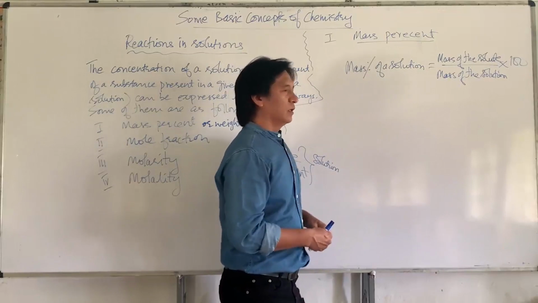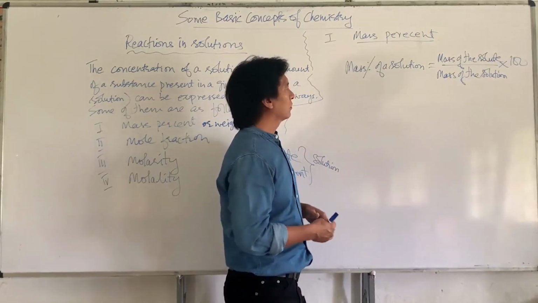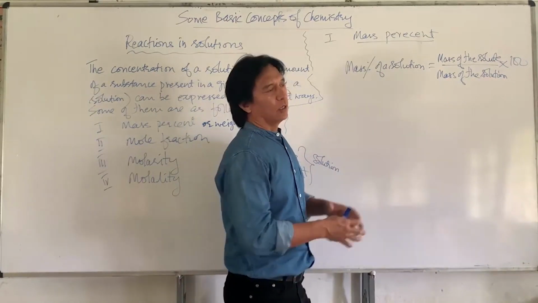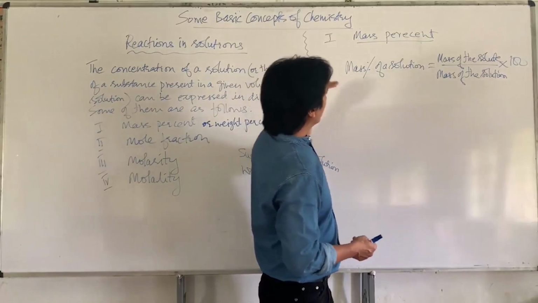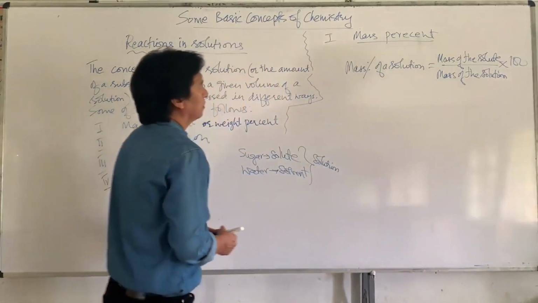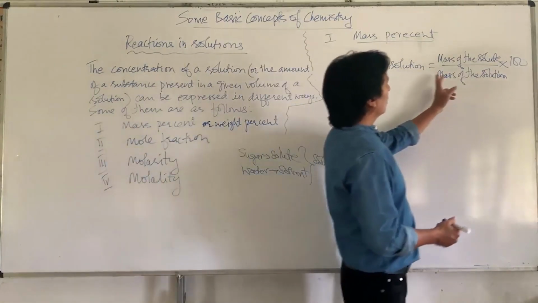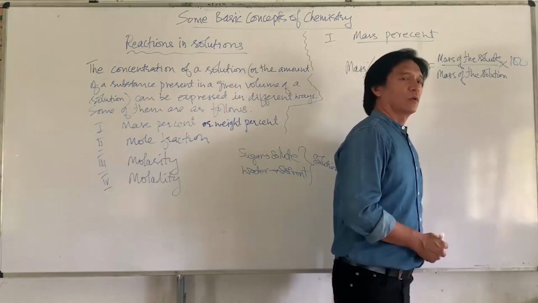Or if you have some edible salt, sodium chloride, dissolved in half a liter of a solution, then how do you express its concentration? Here, we're going to talk in terms of mass percent of a solution. This is the first method. So mass percent of the solution is given by mass of the solute divided by mass of the solution into 100. That's it.